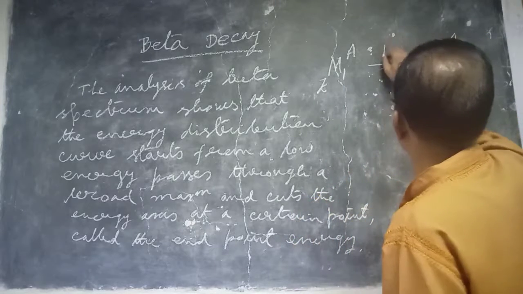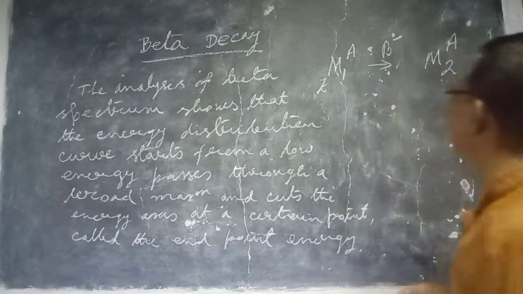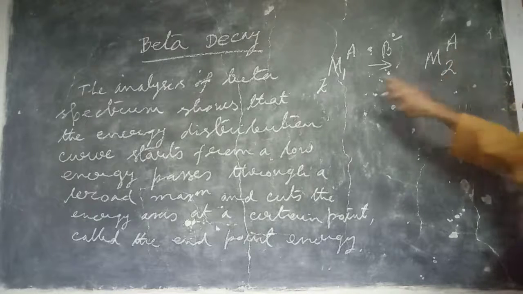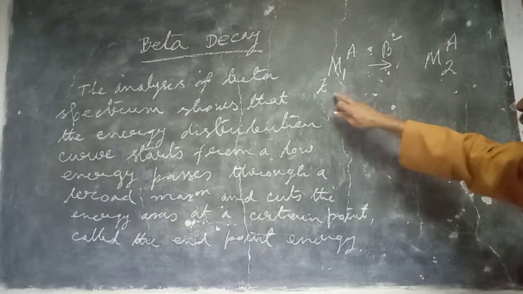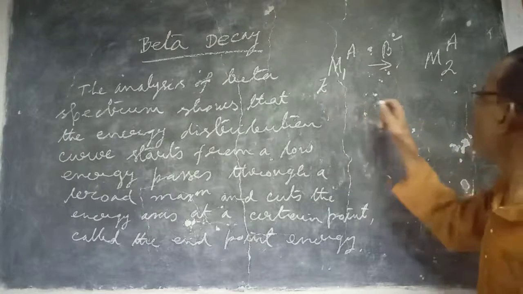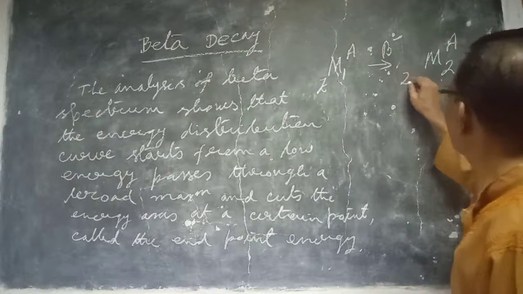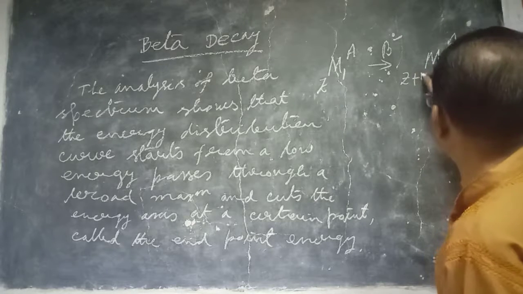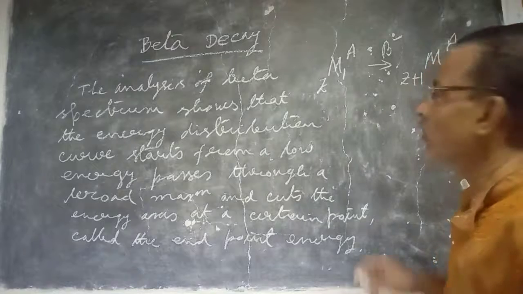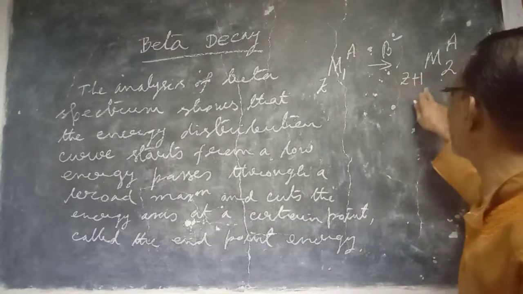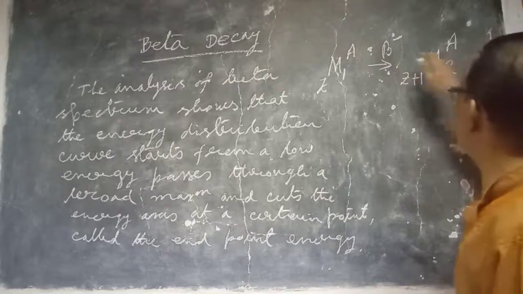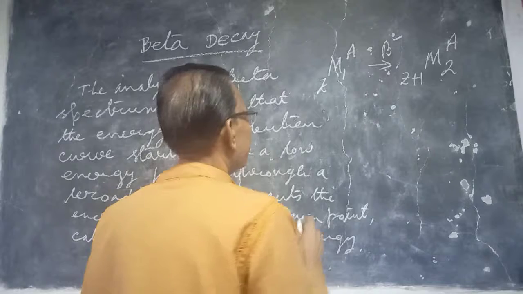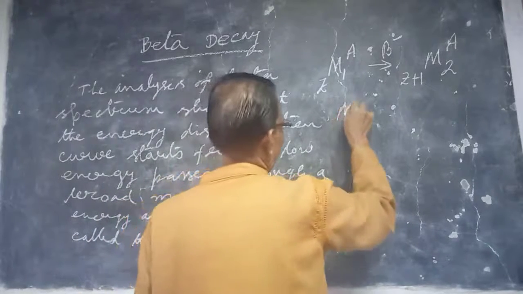When the beta electron is ejected, the mass number remains unchanged, and as the electron is ejected from the nucleus, the atomic number will be increased by 1 unit, because a neutron will be converted into a proton, so the atomic number will increase. So this is the case when a negative electron is ejected.